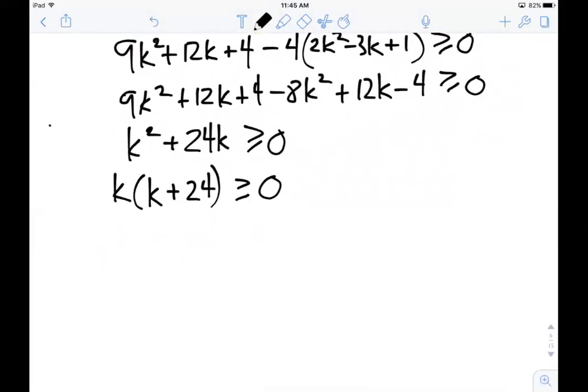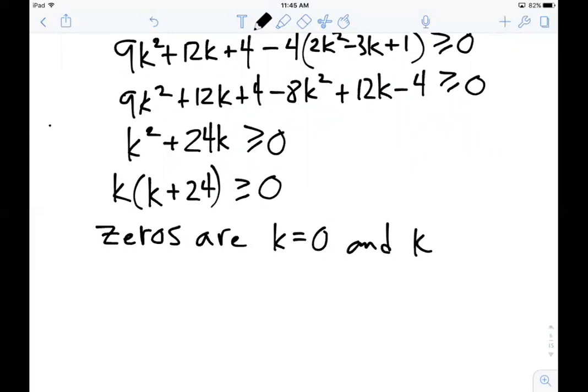And so the zeros themselves from this quadratic expression I have on the left are k equals 0 itself and k equals negative 24. And so it can be equal to those exact values themselves.